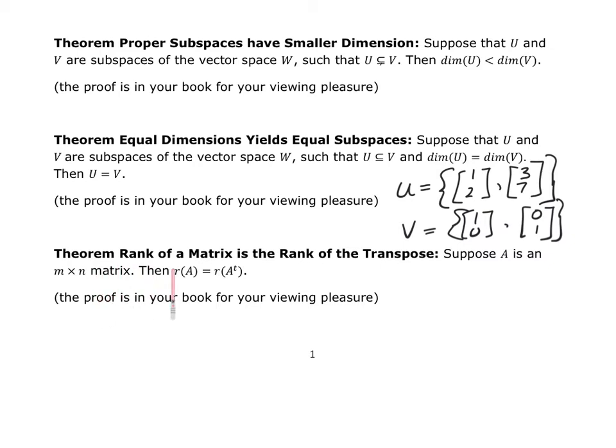Now, when we look at the rank of a matrix, the rank of the matrix is the rank of the transpose. So suppose A is an m by n matrix, then the rank of A has to equal the rank of A transpose.